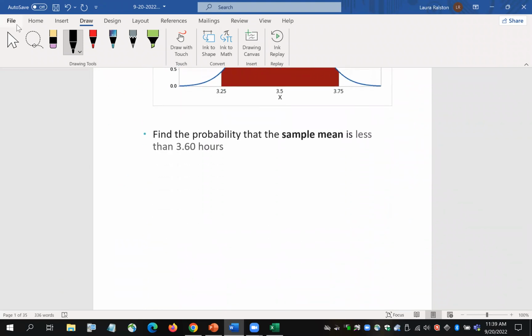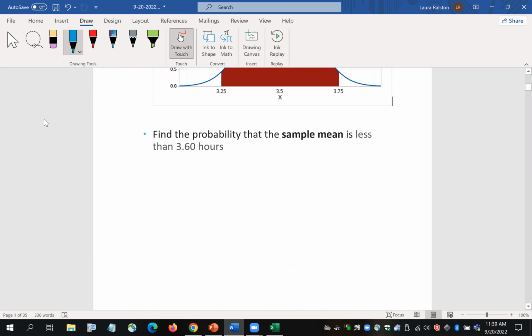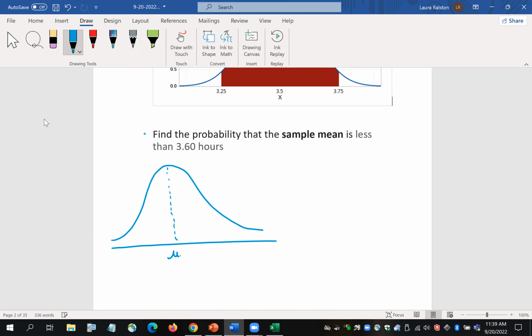Again, I'm going to draw the sketch here so we can get a sense of what's going on. Because we've applied the central limit theorem, our unknown distribution is now a normal distribution. The mean is 3.5.